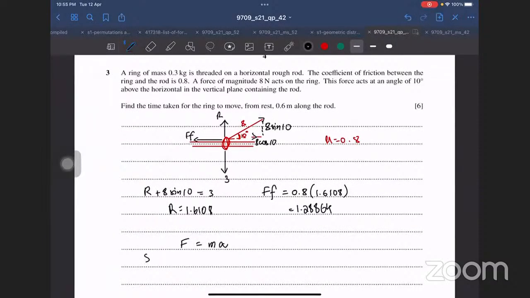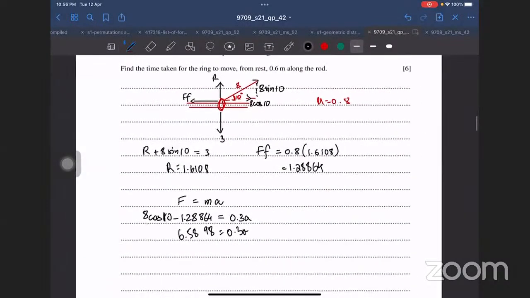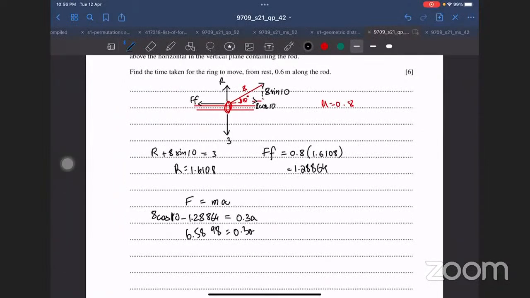F is 8 cos 10 minus 1.28864 equals ma, divided by 0.3. I seem to have made a mistake somewhere. Let me check it.